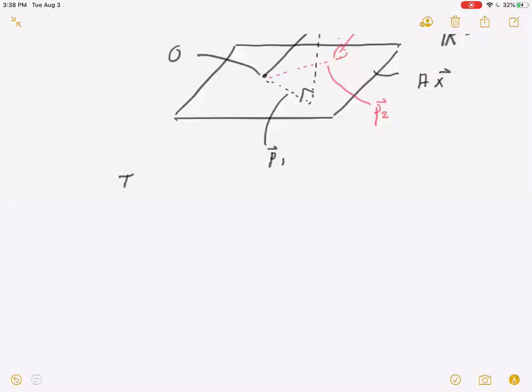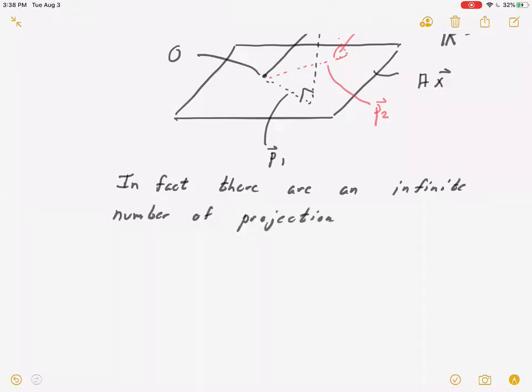In fact, in this problem, unlike the previous case where you projected a point onto a line, there are an infinite number of projections of the vector b onto the plane described by the matrix vector multiplication A times X.